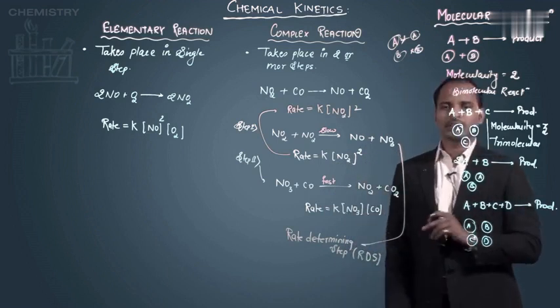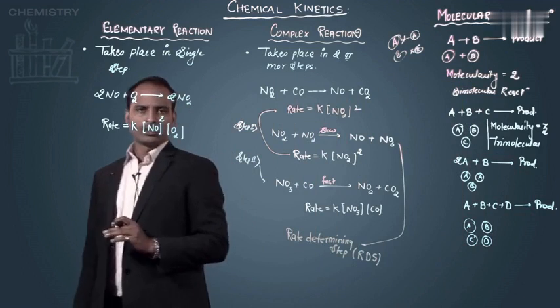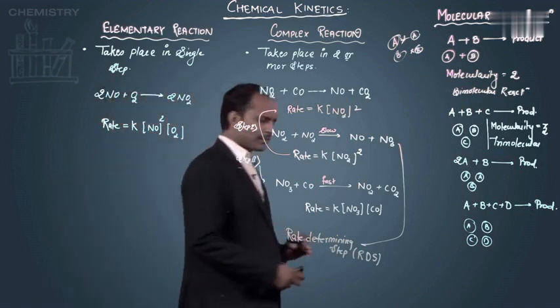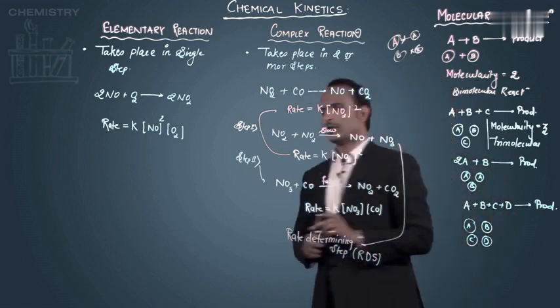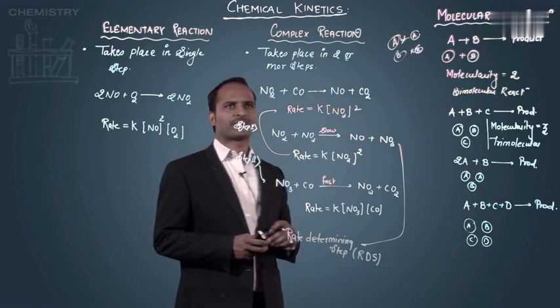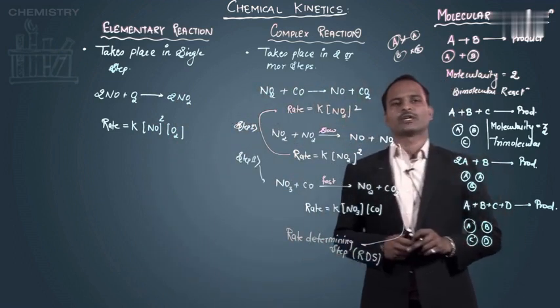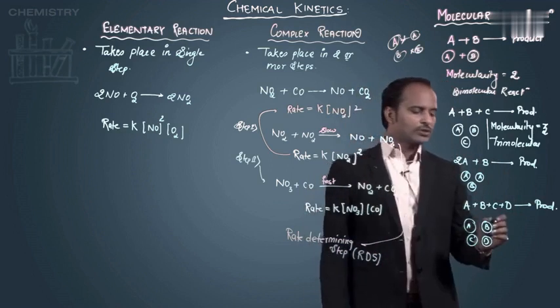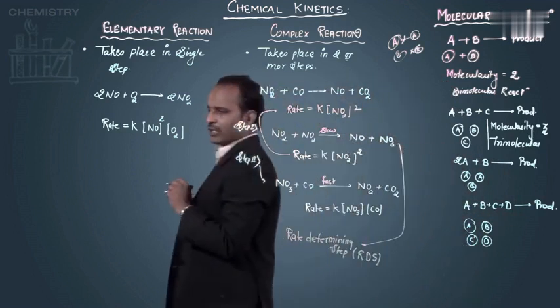Now the chances for all 4 molecules colliding together will be very, very small. It will happen very rarely. It means the product formation speed is going to be very less because the chances for colliding all 4 are very less. So here the rate of reaction will be very, very slow.